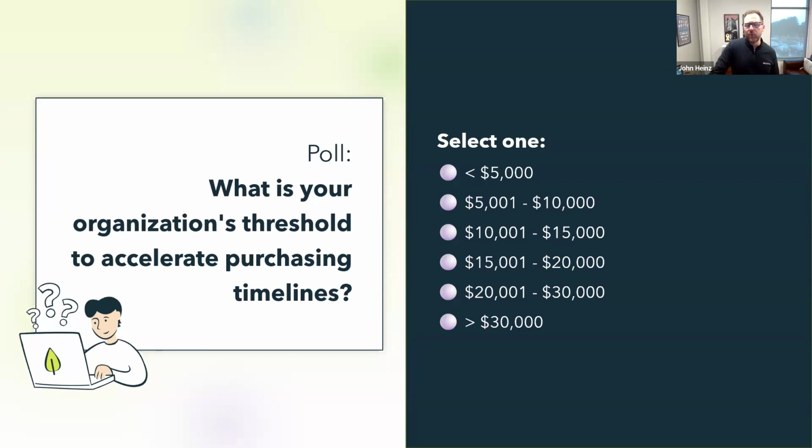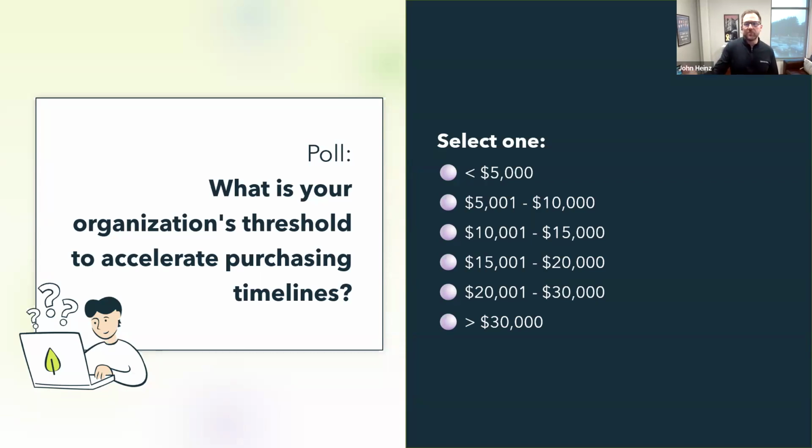If you're going through a purchase and you can avoid some of these processes that delay purchasing and make things more complicated, it's always helpful to know that ahead of time. By the way, some of the results coming in: it's 15 to 20,000, 20 to 30,000, and over 30,000. So it seems like many of you have some autonomy to buy without jumping through a bunch of hoops.